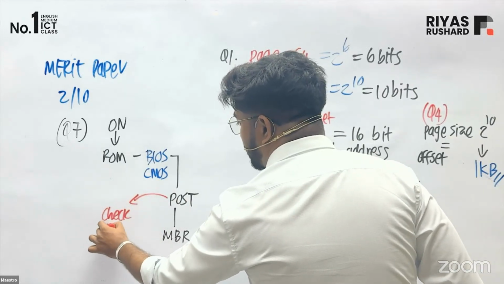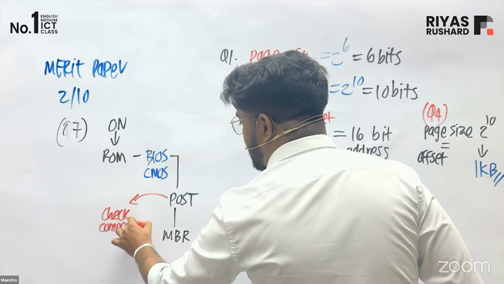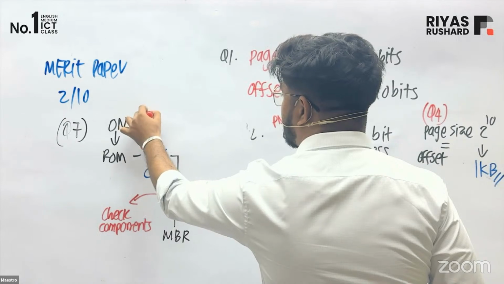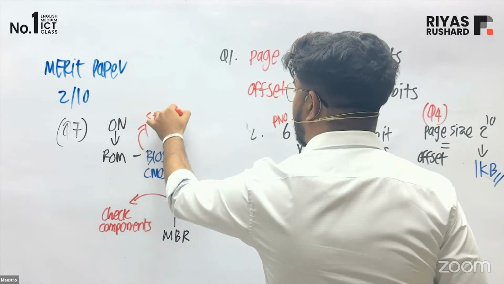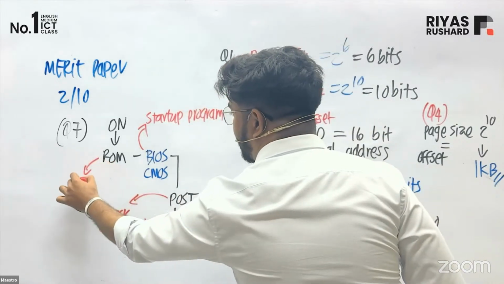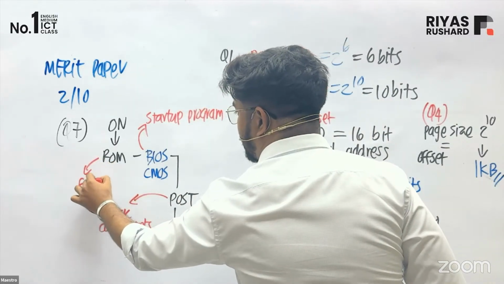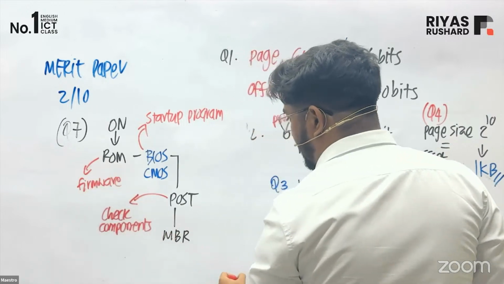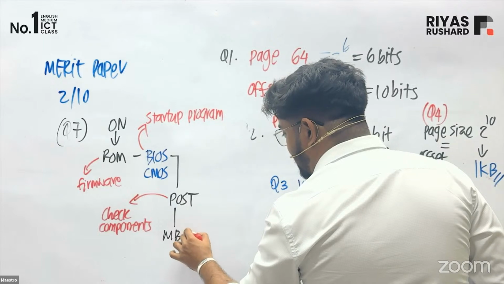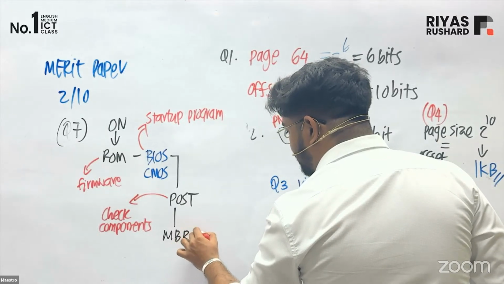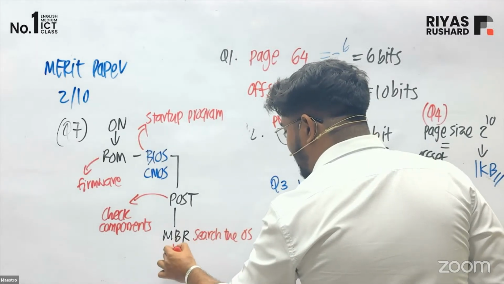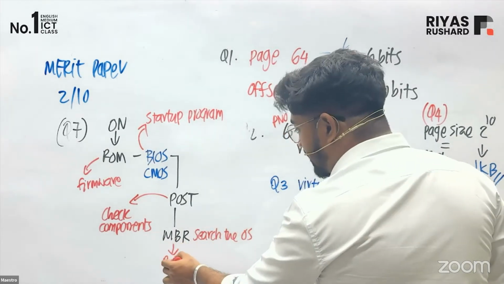BIOS is the startup program. ROM is the firmware. Post MBR, master boot record, searches for the OS, and then it will go to the RAM, random access memory.